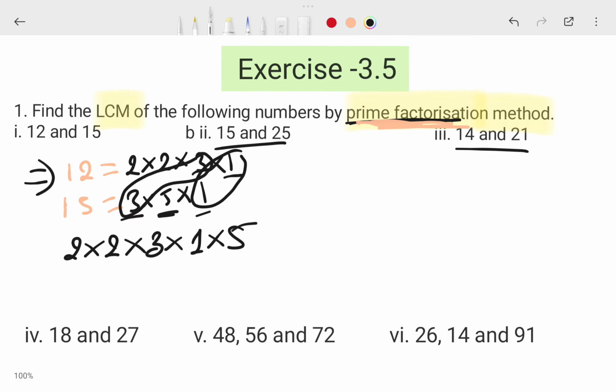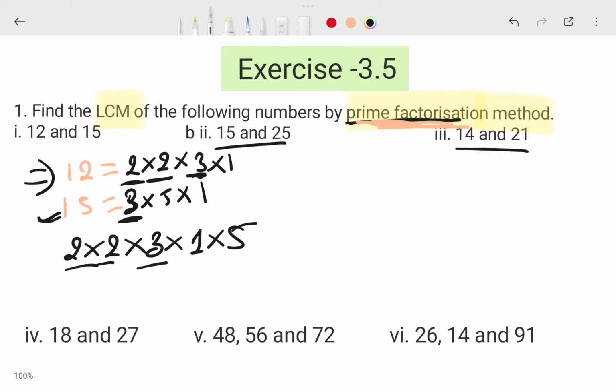Now what I want to say here is this. This is 2, this is 2 and this is 2. Yes, I wrote 2. This is 3, I wrote 3. Here is also 3. But 3 is also in the second one.